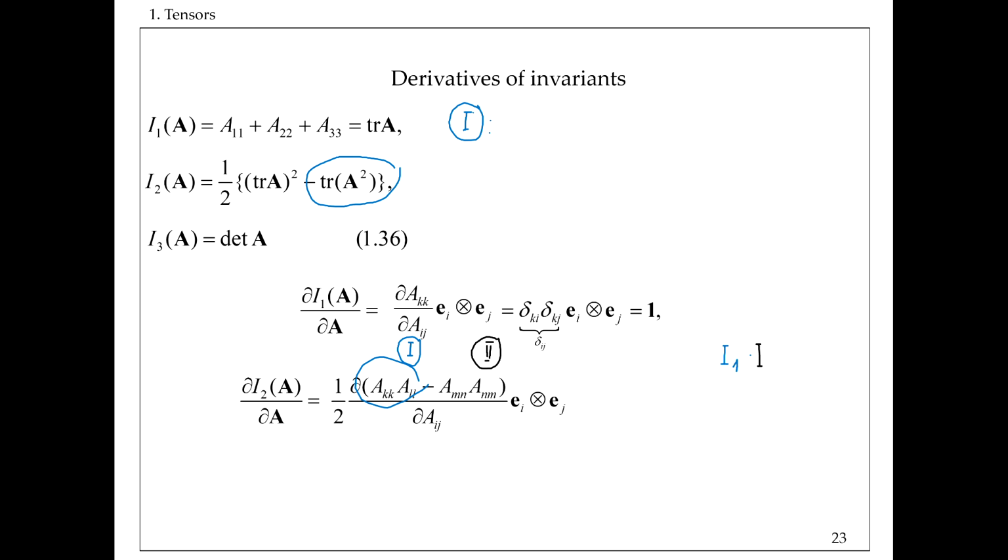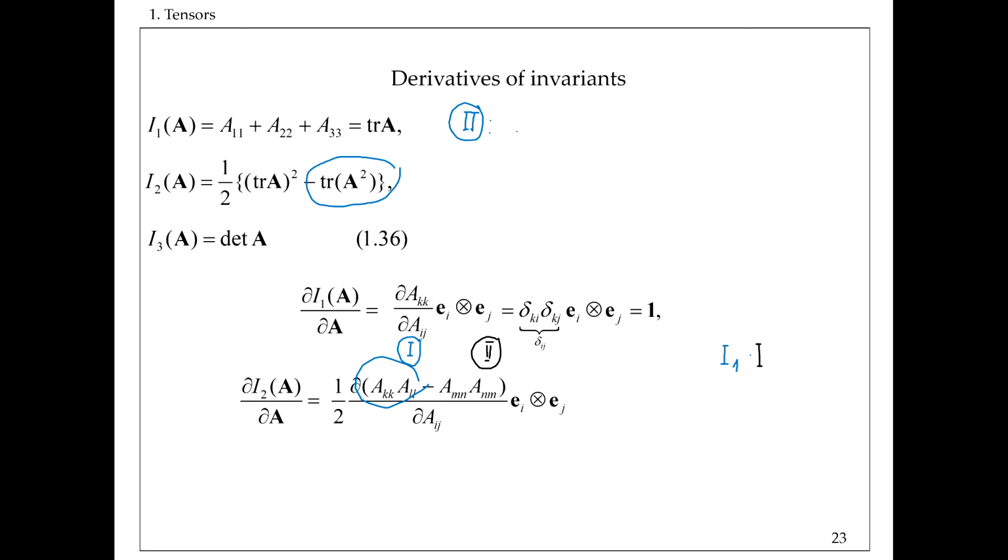So the second term, now we are going to take the derivative of the trace of the new tensor a squared. And again, this is a good exercise for you to practice on your own, to see that you are comfortable with the indexes.